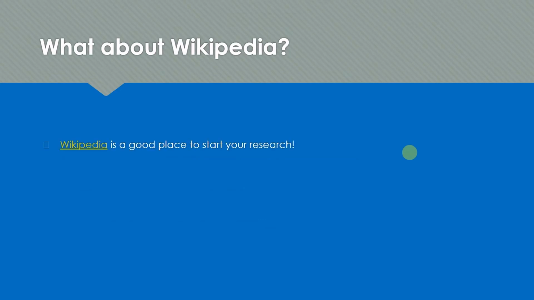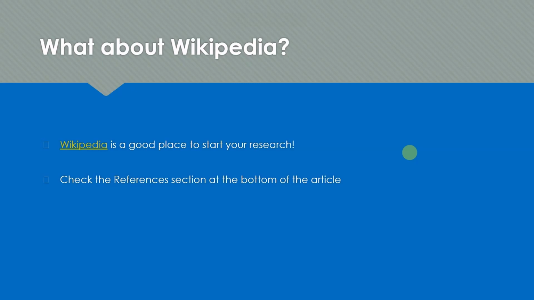What about Wikipedia, you're saying? Can I use Wikipedia as a source for my project? Wikipedia is a really great place to start research, but it's probably not the only source that you should consult. It's a good place to get an overview of a topic and to kind of get some other resources. When you are looking at a Wikipedia article on a topic that you want to research, scroll down to the bottom and check the references section.